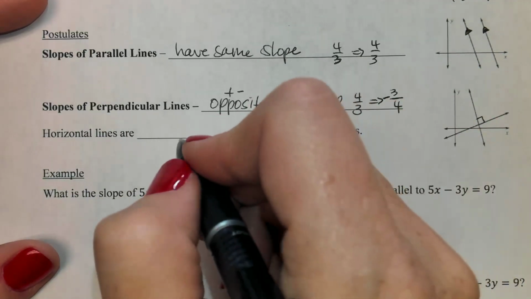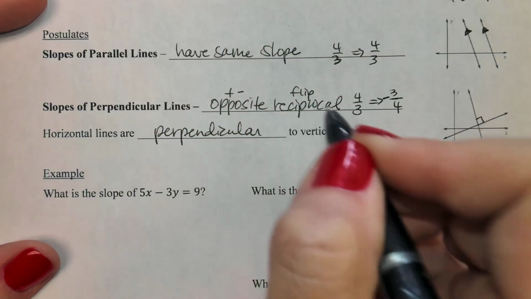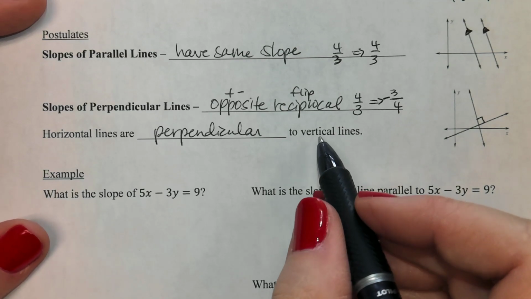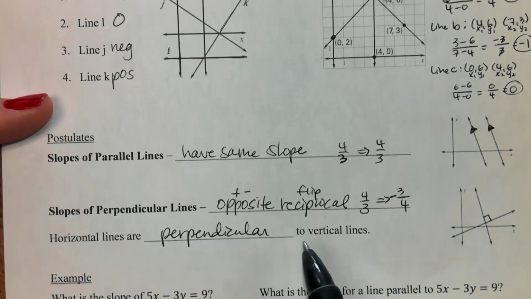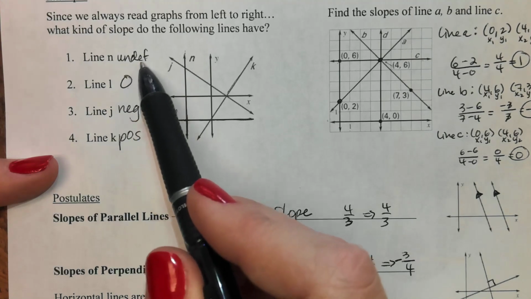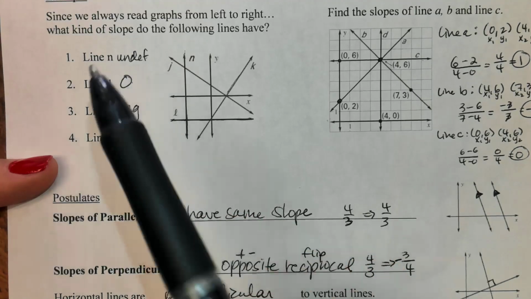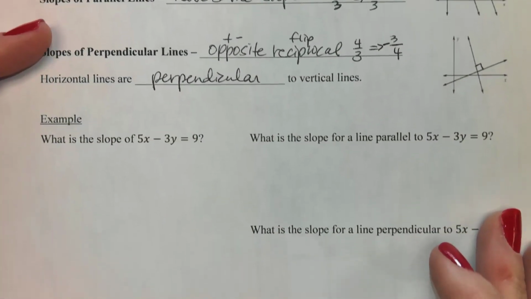By definition, horizontal lines are perpendicular to vertical lines. That one would be a little more difficult to mathematically see because you can't really flip undefined in order to make 0, but vertical lines and horizontal lines are perpendicular to each other.